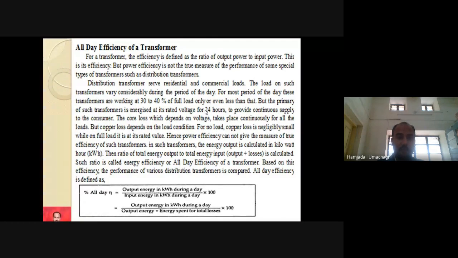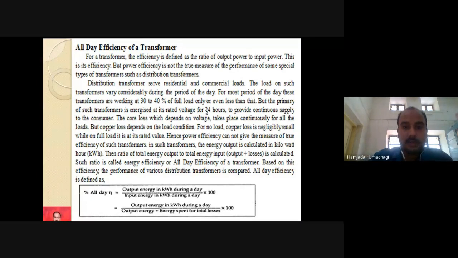Okay, all of you, is it understood why it is called all day efficiency? All day efficiency means complete 1 day information, that too in terms of energy. Energy means power multiplied by time. If I simply take it as power information, then that is not the true efficiency, because the transformer is connected to power supply 24 hours, but consumers are not using it 24 hours continuously.